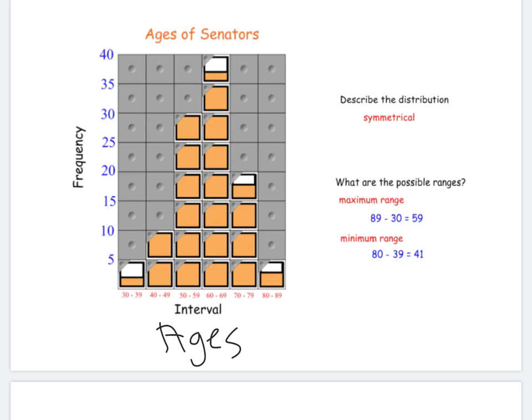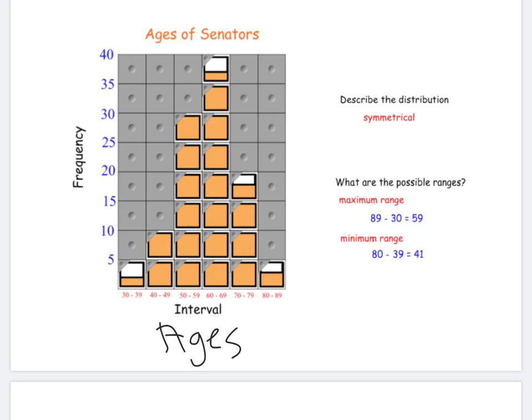So I have each bar drawn to the height from the table that we just created, and they are also touching. So just like with the box and whisker plots or the line plots, we can talk about the data distribution. This data distribution is approximately symmetrical because, for the most part, it looks symmetrical, and there are no data pieces that stick out very far from the others on either the right or the left.